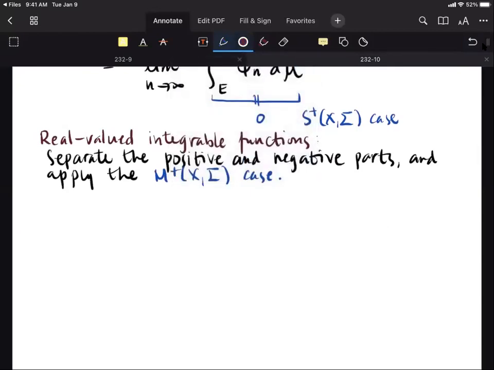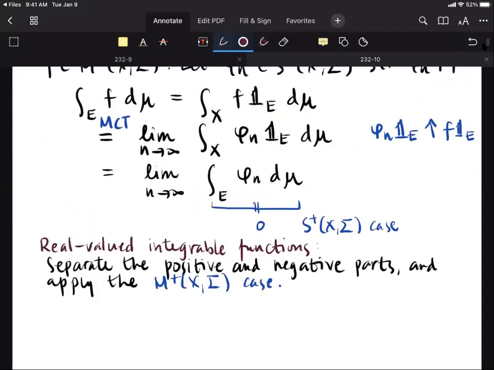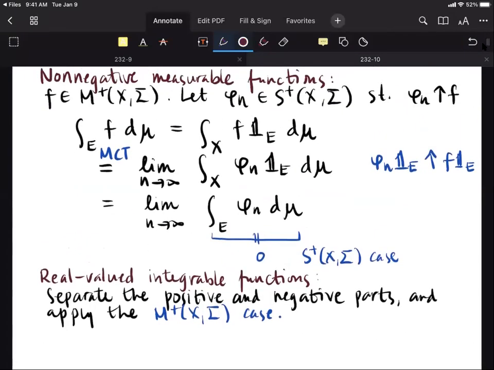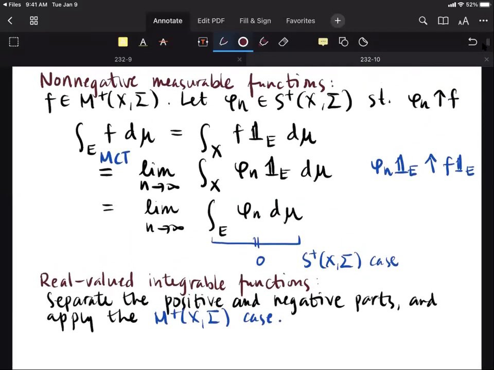I will leave the details for you to write down. You just need to consider f plus and f minus, and we know that the integral over f plus and f minus is 0 from the previous step.